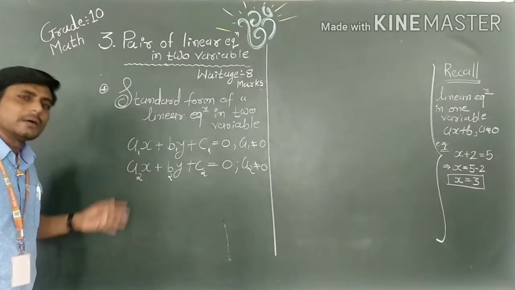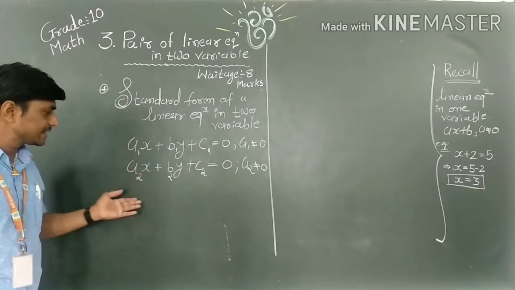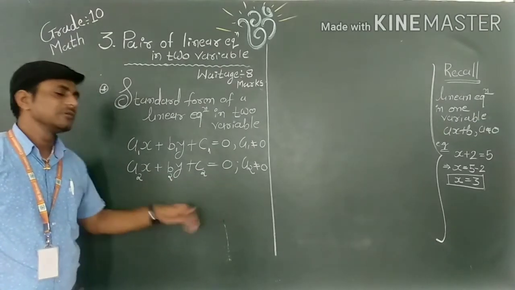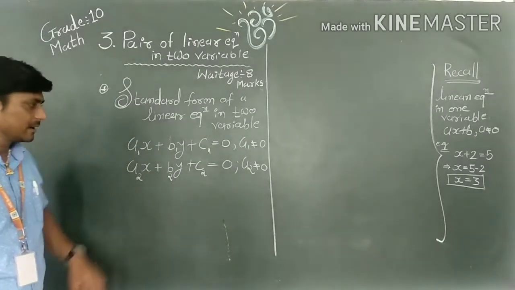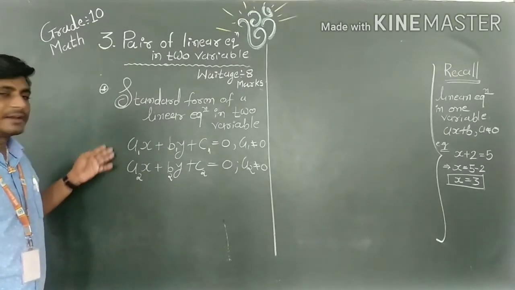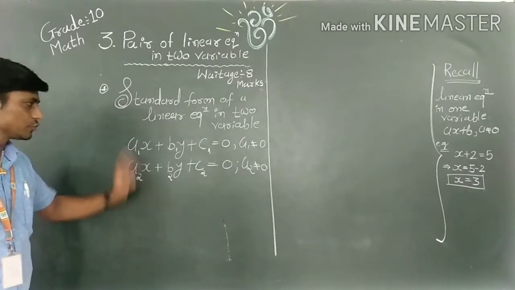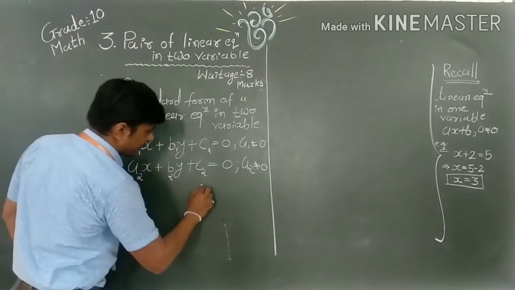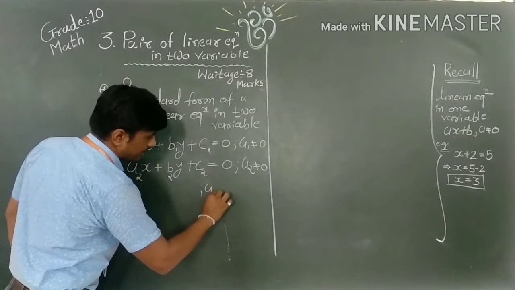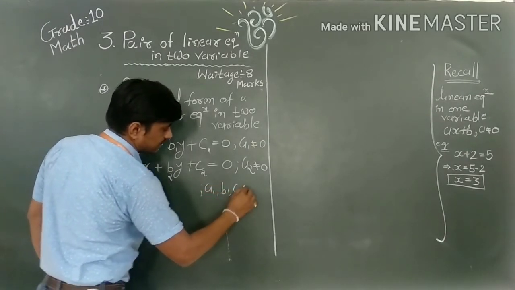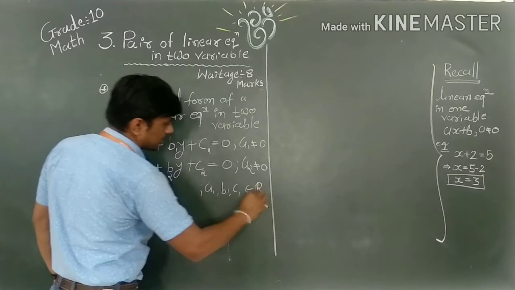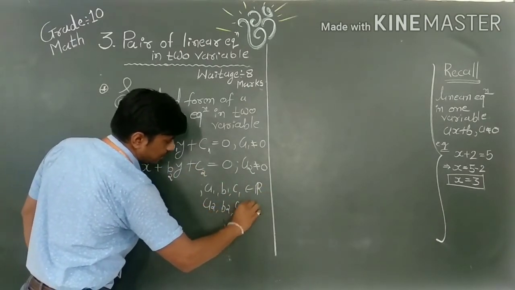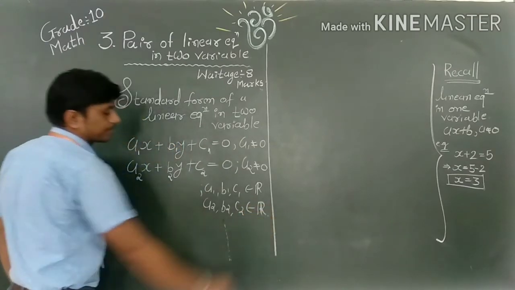You can make many equations: a3x plus b3y plus c3 is equal to 0, third equation, fourth equation, fifth equation. But here we need only two equations, where a1, b1, c1 belong to R, and also a2, b2, c2 belong to R.